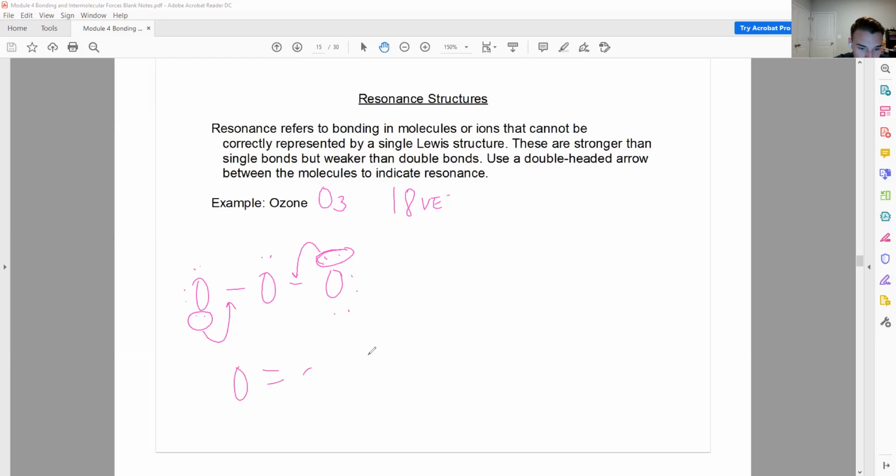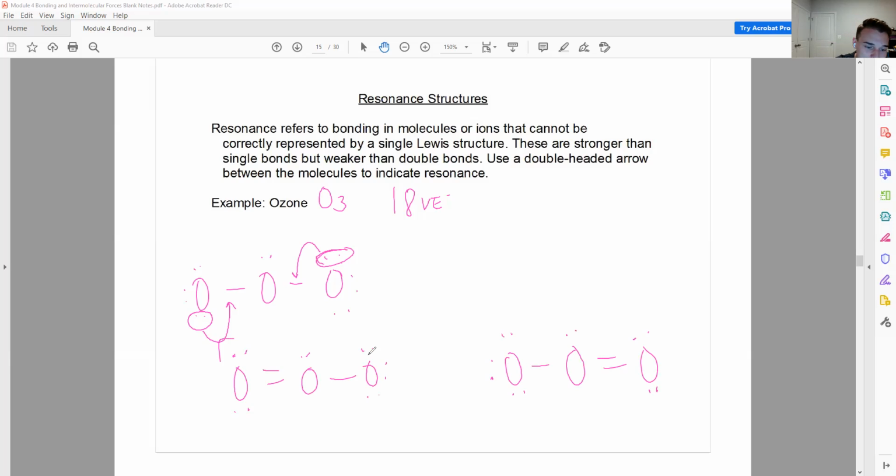So we're going to do a double bond oxygen here. 2, 4, 6, 8, 10, 12, 14, 16, 18. But then I'm going to draw a different structure right next to it that shows that the double bond can actually be on the other oxygen. So when you have the opportunity to draw a double bond, and you have 2 options, you have to show both options.